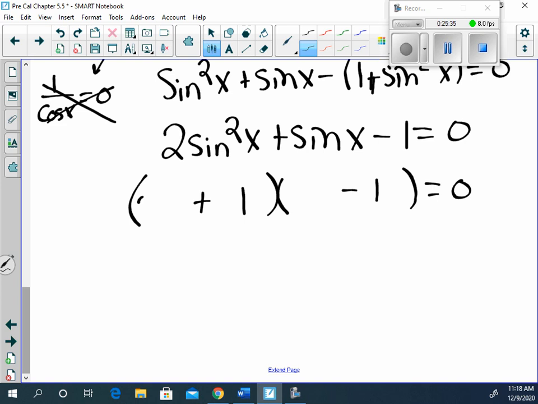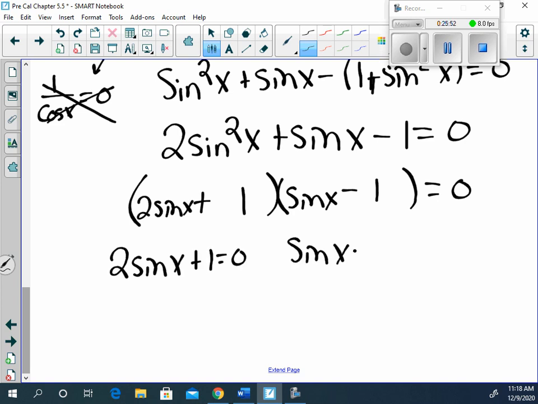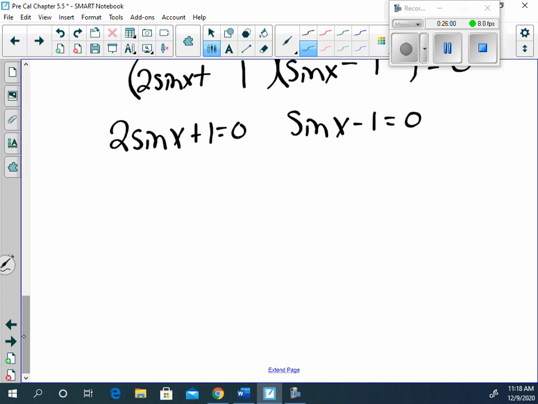So 2 sine of x and... So the first one's 1/2, negative 1/2, right?